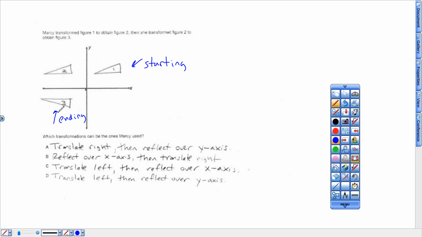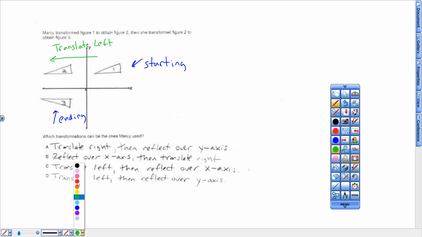So if I'm going from 1 to 2, triangle is just sliding, just moving, just translating, not changing its direction, its rotation. So translating left, that's a translate left. Just moving to the left, the whole triangle.